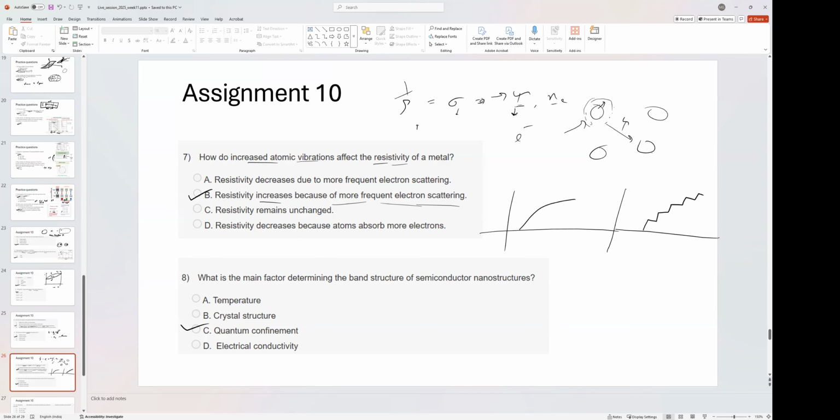If you confine it in two directions, it becomes like this. And if you confine it in all three directions, it is usually discrete.